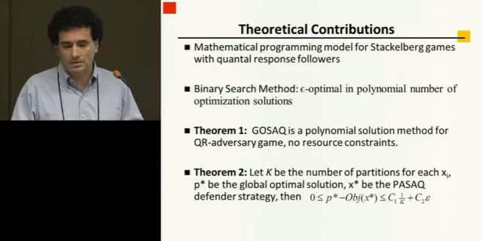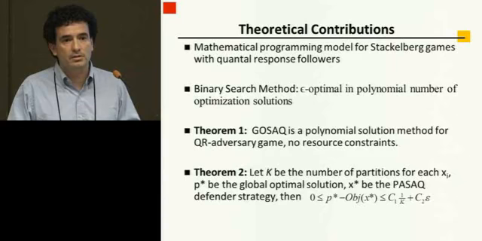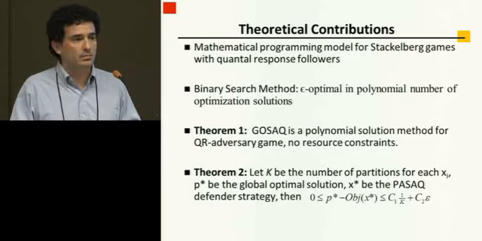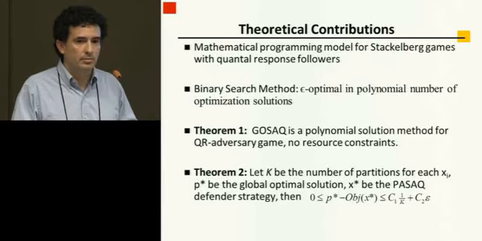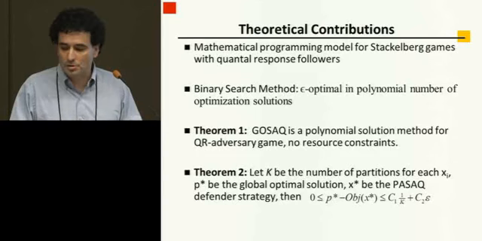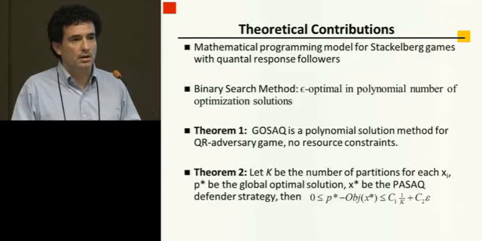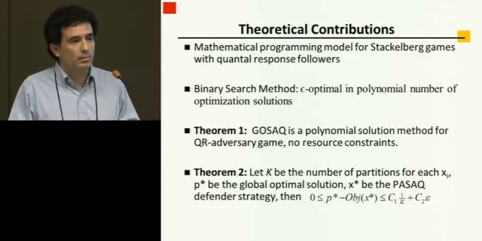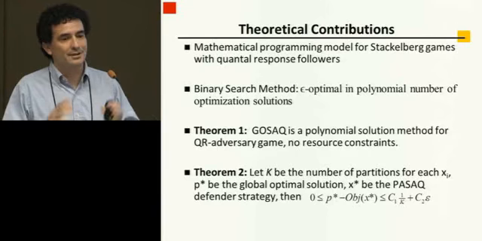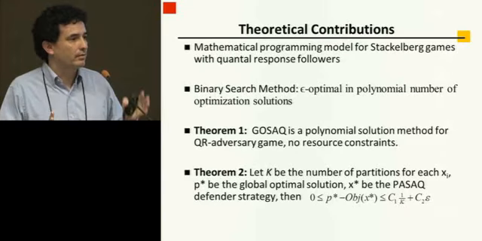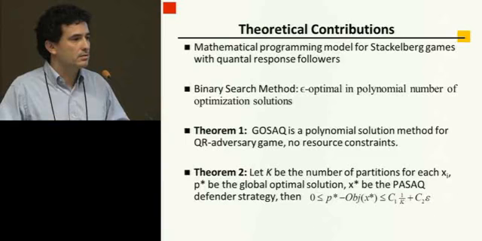And then the first algorithm is a polynomial time algorithm that will get you an epsilon optimal solution to a Stackelberg game with a quantal response adversary for any matrix game. If the leader and the adversary are selecting arbitrary actions, this will get you the epsilon optimal solution in polynomial time.